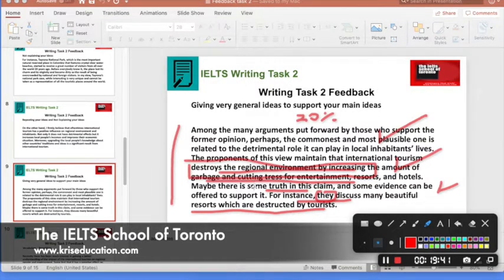So you're showing how touristic places, and I'm naming some touristic places, are suffering nowadays because they've cut down the trees.